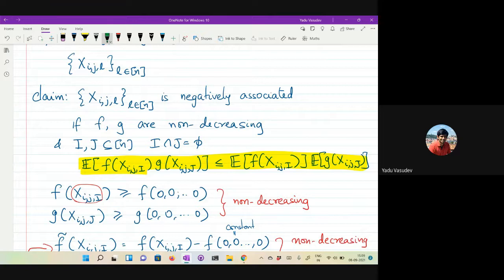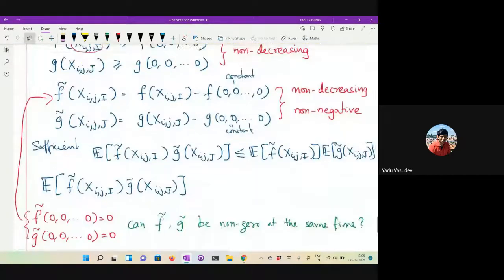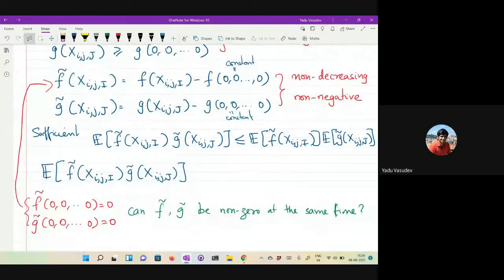Because j gets mapped to a particular index by the hash function h_i. So exactly one of those random variables will be 1, which means that there is no way that you can have both f tilde and g tilde being non-zero. At least one of them must be 0.